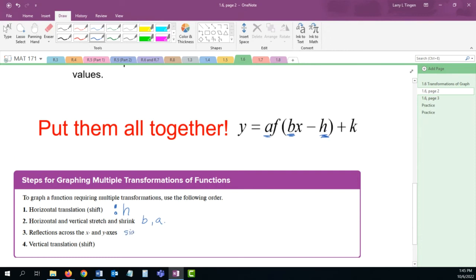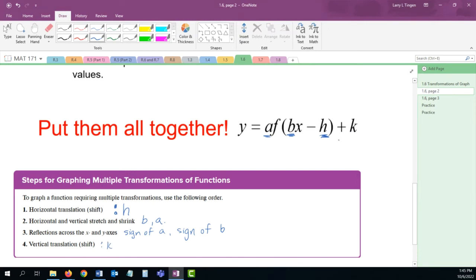This is the sign of a and the sign of b. The sign determines if I've got a negative on the inside, I'm reflecting across the y-axis. If I have a negative on the outside, I'm reflecting across the x-axis. And then the last one is that vertical translation or shift, that's k.